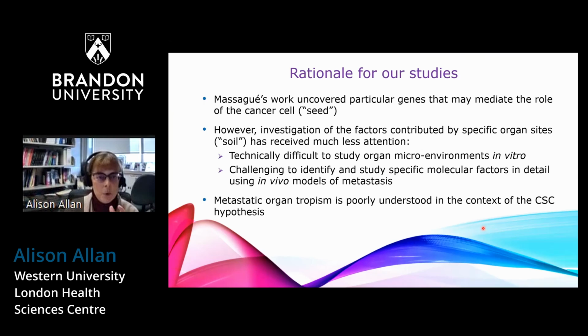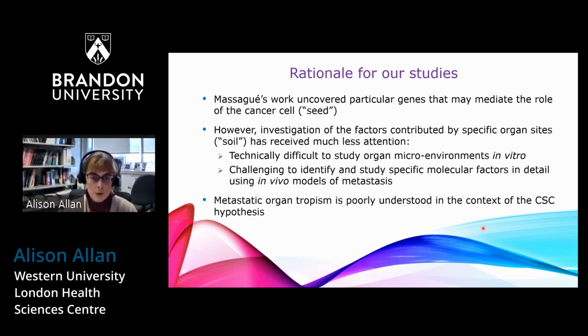So Massagué's work was really exciting. It uncovered particular genes that can mediate the role of the cancer cell or the seed, but investigation of the factors contributed by specific organ sites or the soil has really received much less attention.